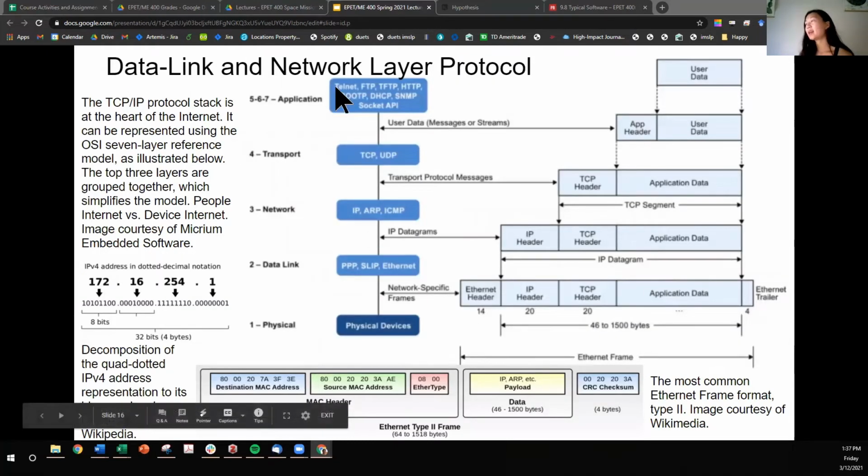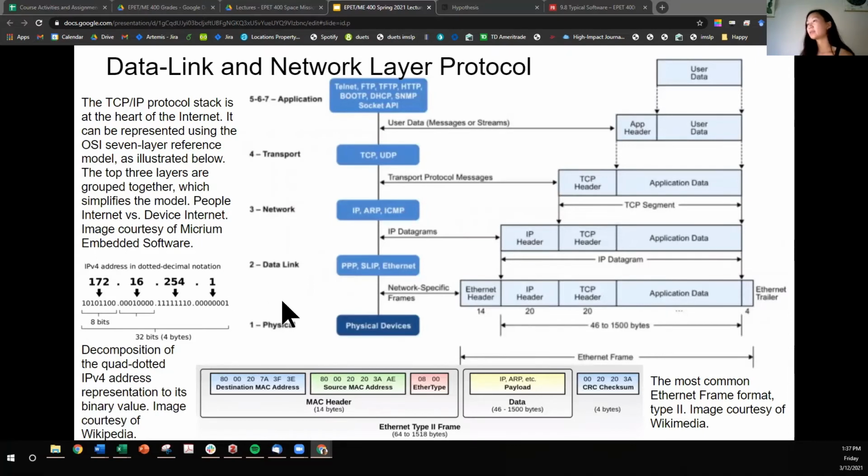The data link layer is the next layer that we care about. We have the physical device that we just talked about.